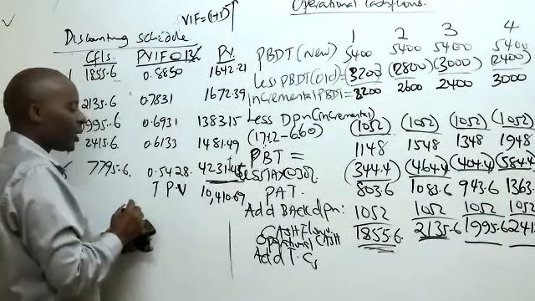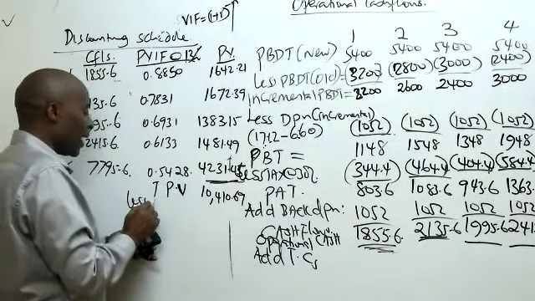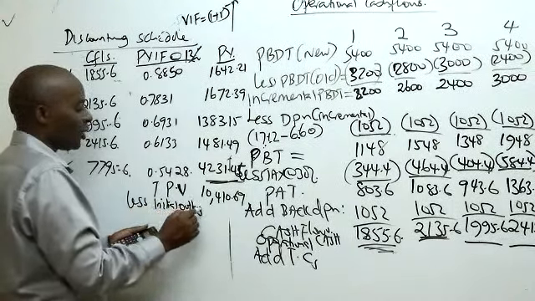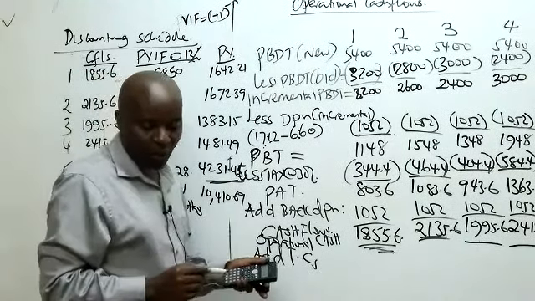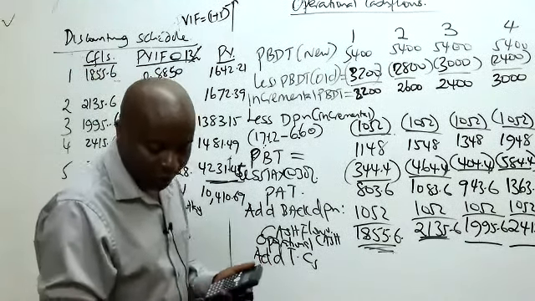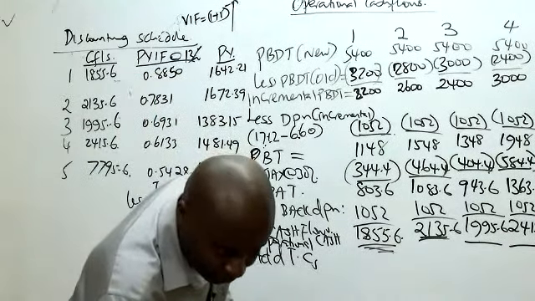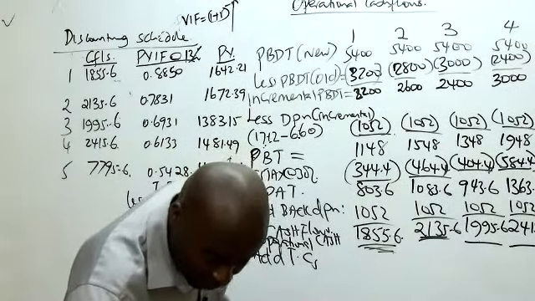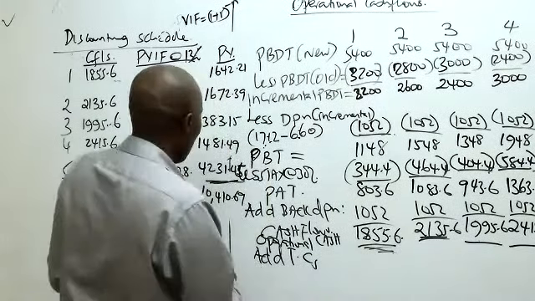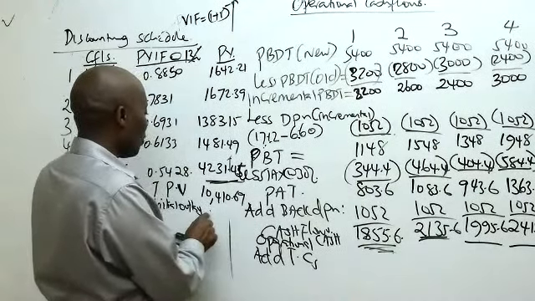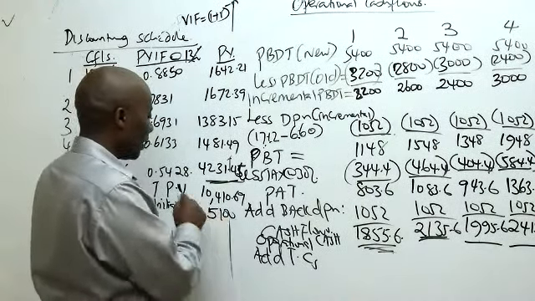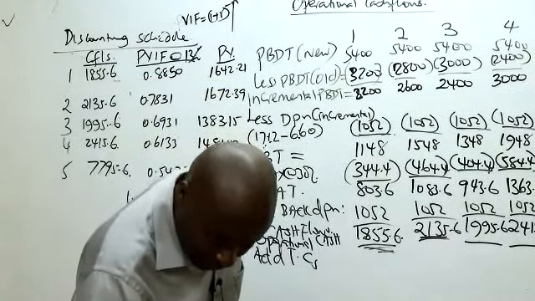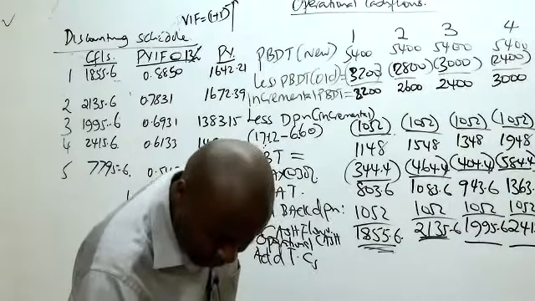Once you have your total present value, you come and less the initial outlay. We had computed the initial outlay with yourselves and got 5,000. Is that the case, really? No, I'm reading the wrong one.